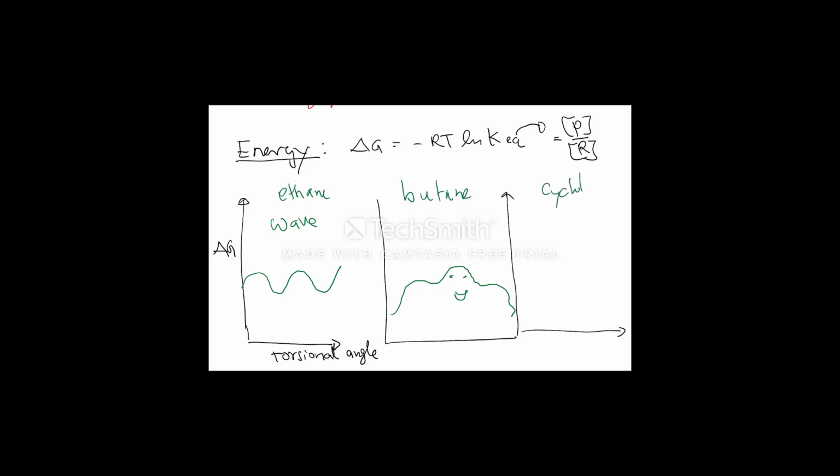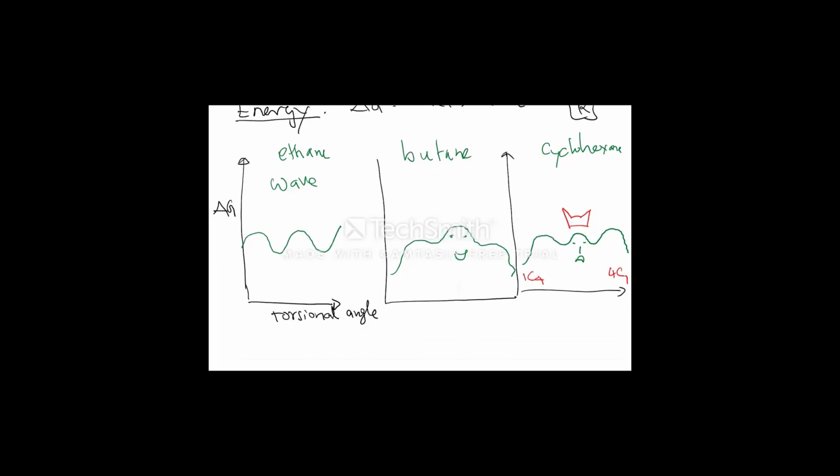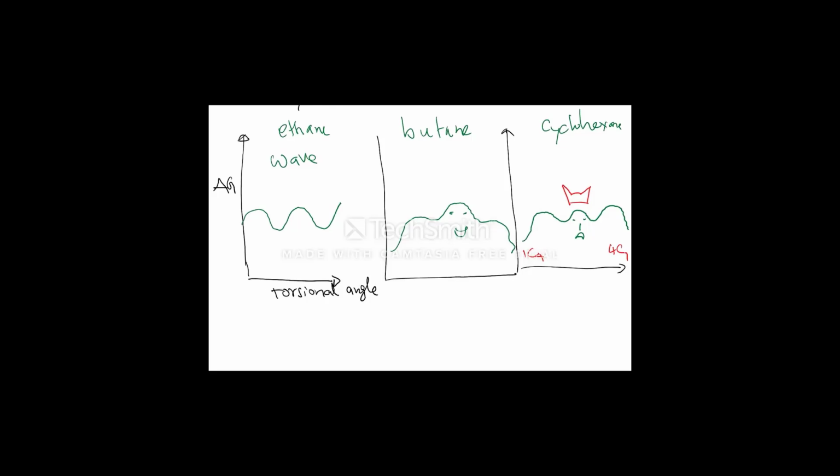Cyclohexane will have an energy diagram that I call the angry monster, and you see the face, the mouth. It's kind of angry, but that's how the energy wave looks. The reason is that on the head of the angry monster there is the boat conformation of cyclohexane. The boat might be heavy, so he's not happy, he's angry. This changes from the 1C4 chair to the 4C1 chair conformation. Those are the details. You have to read the book first. Read my book and then go from there.